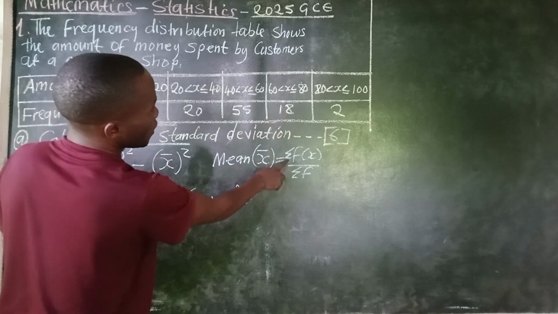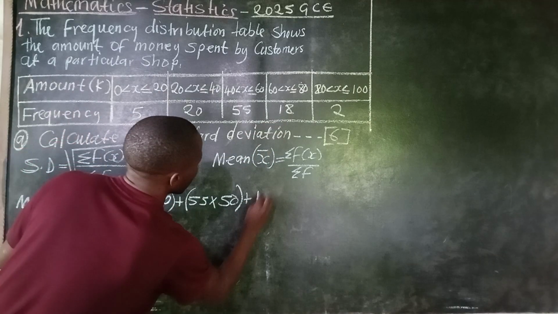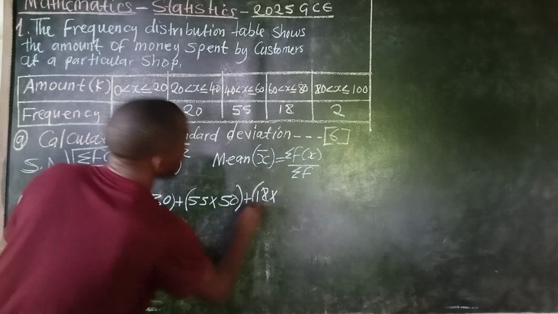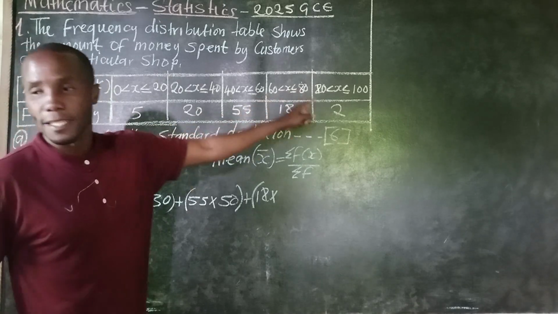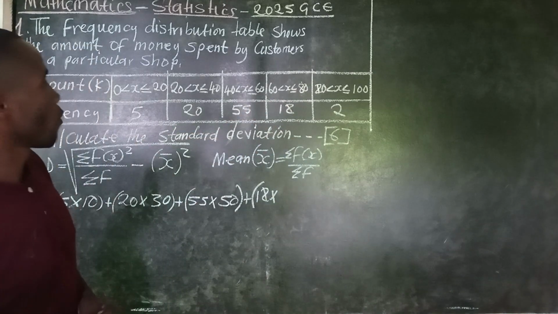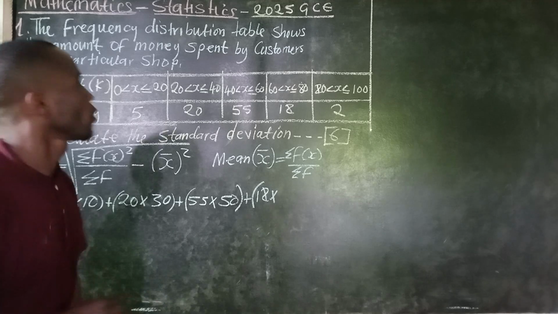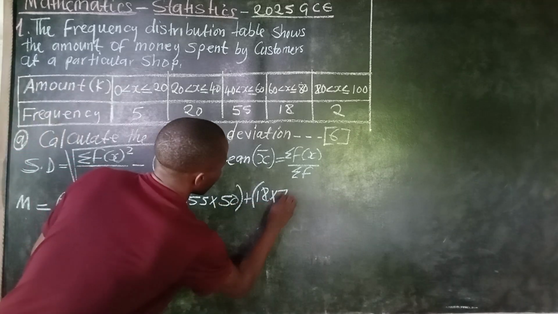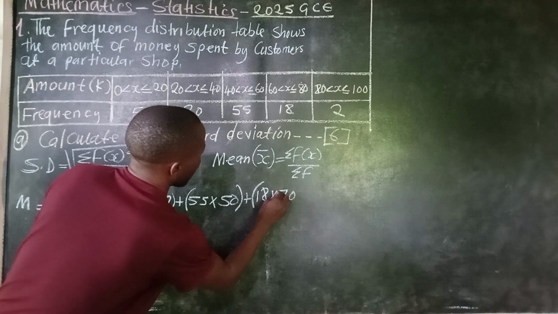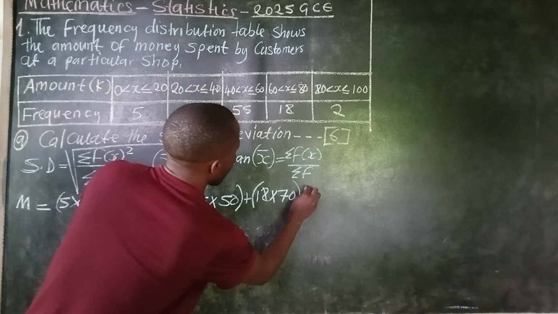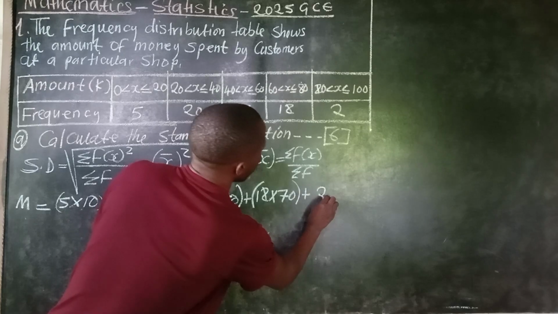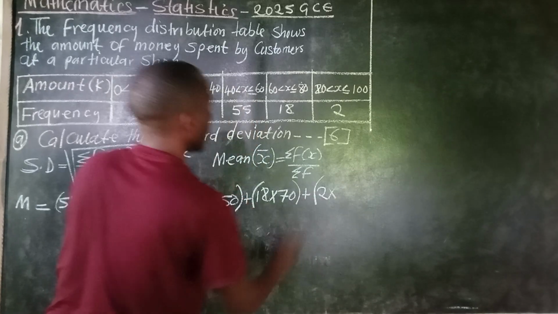Again, frequency, which is F, is what? 18. 18 times, what is the midpoint there? 60 plus 80, the answer is 140. So the midpoint there is going to be 70, because 140 divided by 2 is 70. Okay, then we go to the last one, plus 2 is the F, then times.